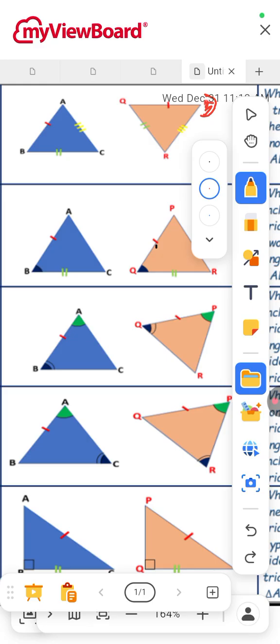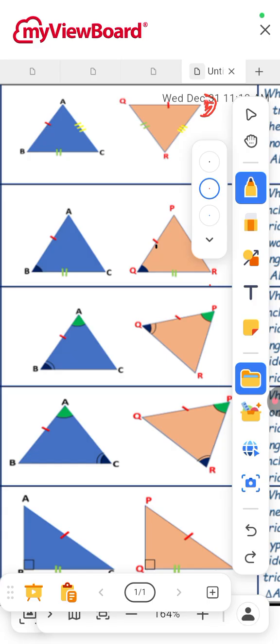Then there is a side in between the two angles. We'll see that there is a side AB that connects the two angles. So this side is the included side. This is one angle, this is another angle, and this is a side. We'll see that this side in the first triangle is stroked once, and similarly in the other triangle, the side between those two angles is also stroked once, which means they are equal.